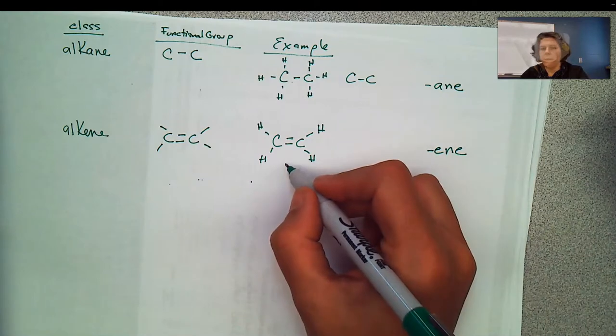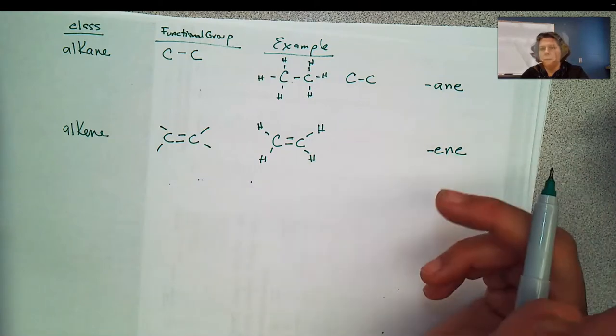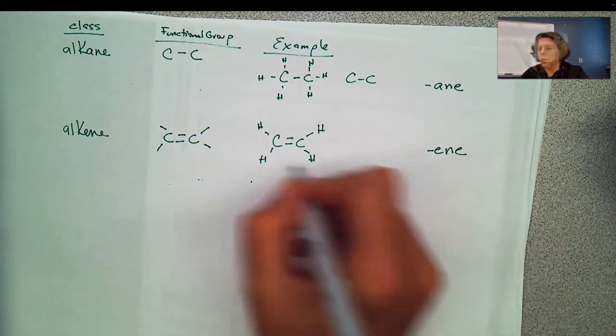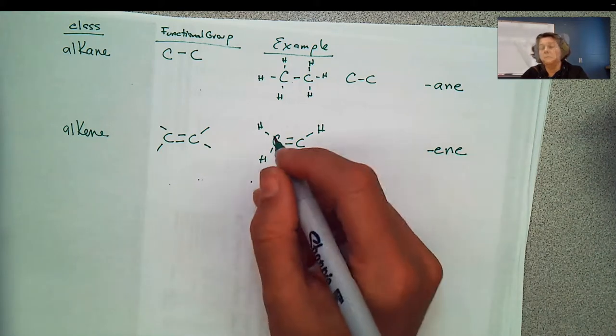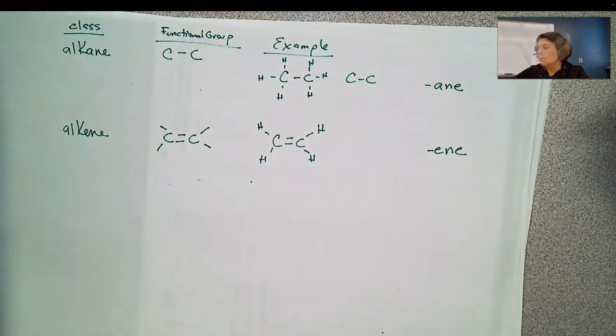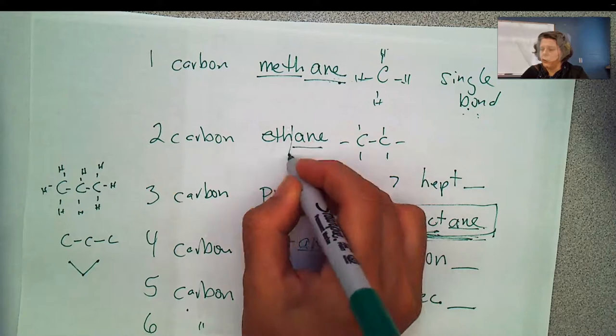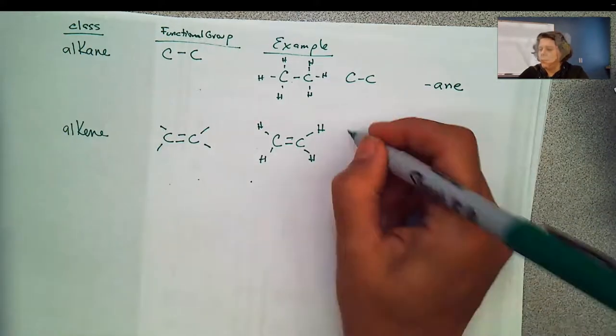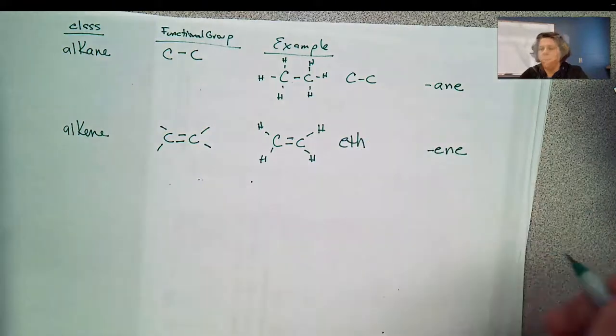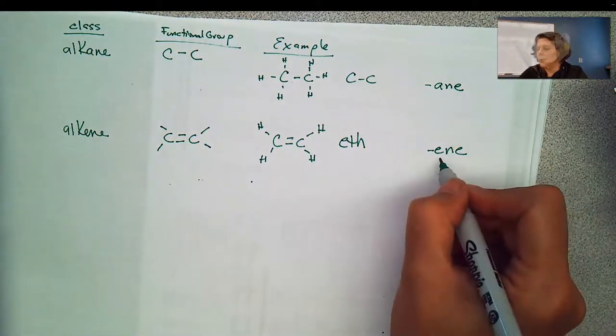So what would this compound be called? Well, what we do is we count the longest chain of carbon first. The longest chain of carbon here is 2. We look at our sheet and the longest chain of carbon with 2 has this as the prefix, eth. And then we end it with E-N-E.